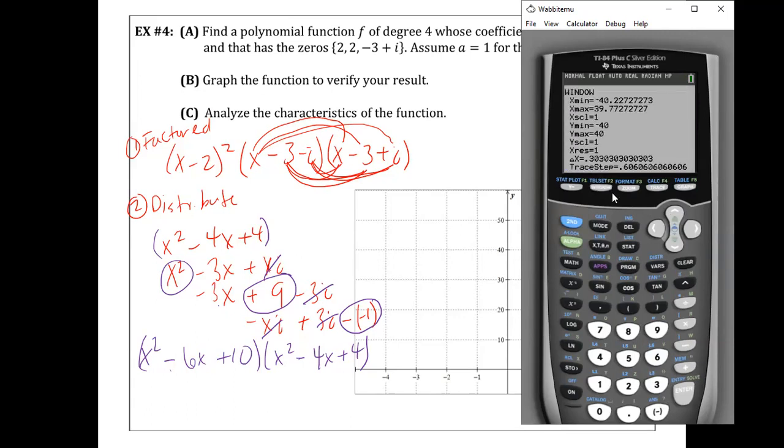Anytime you want your graph to stop thinking, just press Y. My X-min, let's put it at -10. My X-max, let's go up to 100. On my Y scale, count by tens. We'll do the same thing on Y, just to see what the view is. We'll do -10. Oh, fudge.